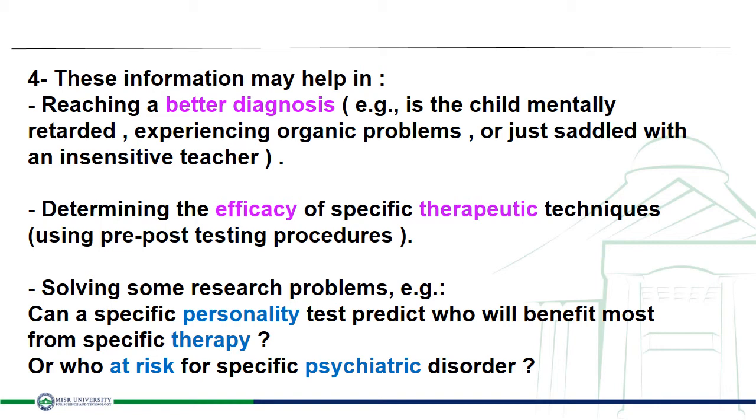And the third use of the information gathered in the assessment is solving some research problem. This is related to the fourth task, the fourth activity of the clinical psychologist, which we referred to as research or clinical research.